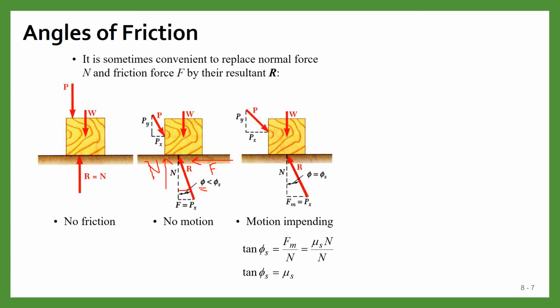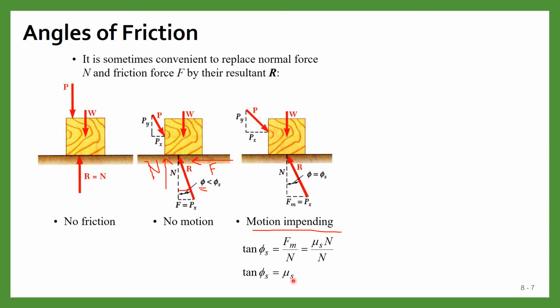Similarly in the third case, when the motion is impending, then again we can find the resultant R, and in that case we call this phi equal to phi s, and this is the angle of static friction. And you can find it by using the tan law. Tan phi s will be equal to Fm by N, which is equal to mu s N by N, and so tan phi s will be equal to mu s.